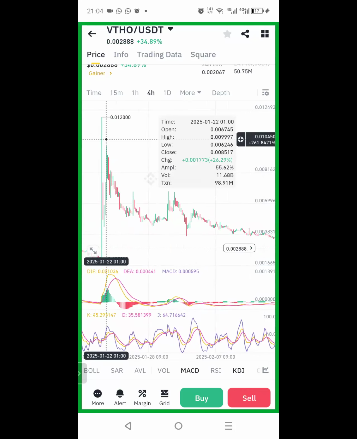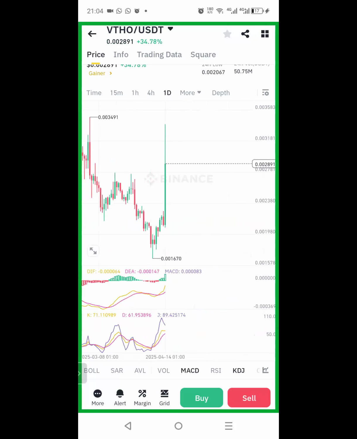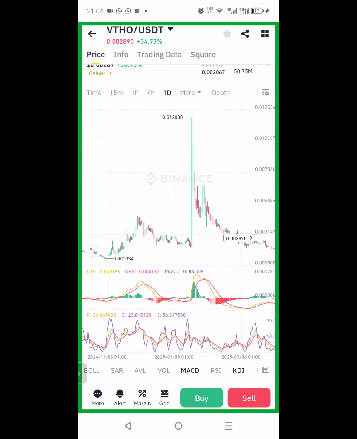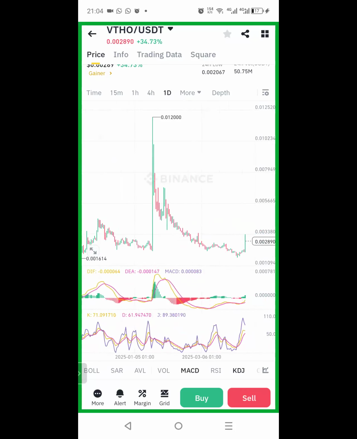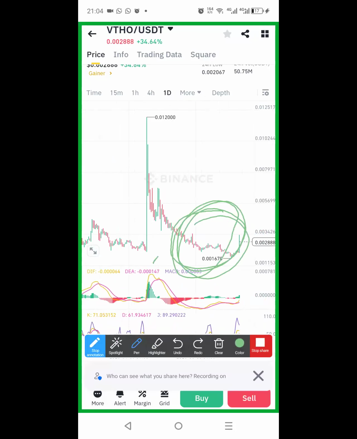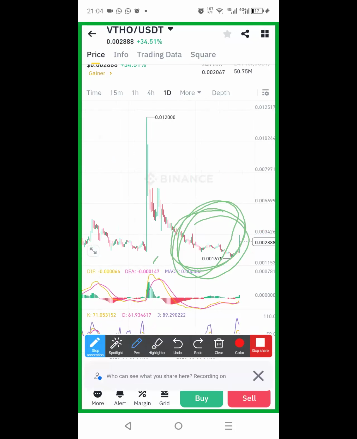So if we look at this coin now, let me put it on the 1-day time frame. If they say a particular coin is in a downtrend position, this is an example of what we are talking about.